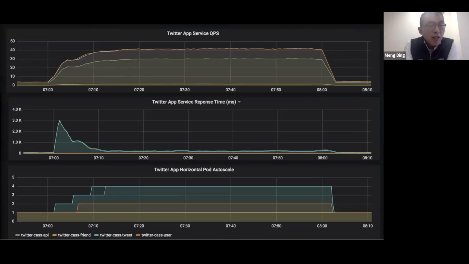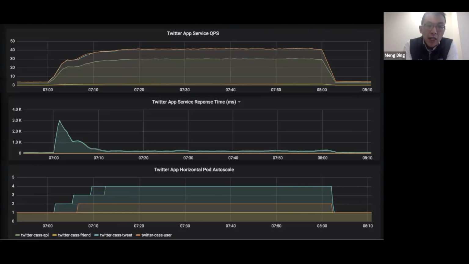The workload starts at 7 o'clock and ends at 8 o'clock. It is a constant workload. As we can see from the graph, all the metrics are collected from Prometheus and shown on the dashboard.